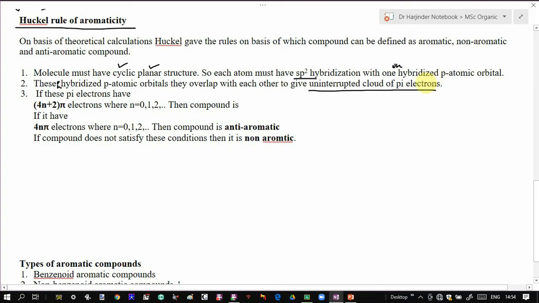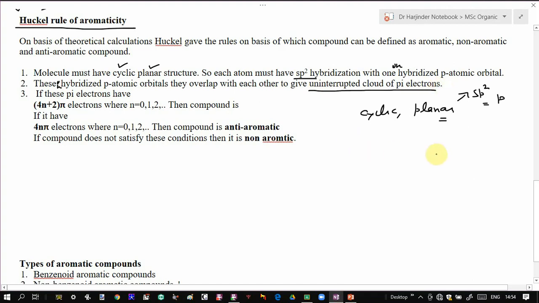So the first condition is the molecule must have a cyclic planar structure, and a planar structure is possible only when they have sp2 hybridization. So when there is sp2 hybridization, there must be at least one unhybridized p atomic orbital, and since these p atomic orbitals are parallel to each other, they must overlap to give an uninterrupted cloud of pi electrons.